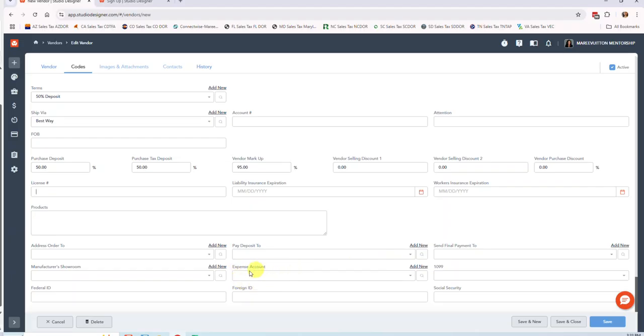This is the expense account, but this is usually not, do not think you're going to use this on project related vendors. These are generic expense accounts, meaning for things like Office Depot, usually going to be office supplies. Okay, you can recode it, but we want it to default to office supplies.